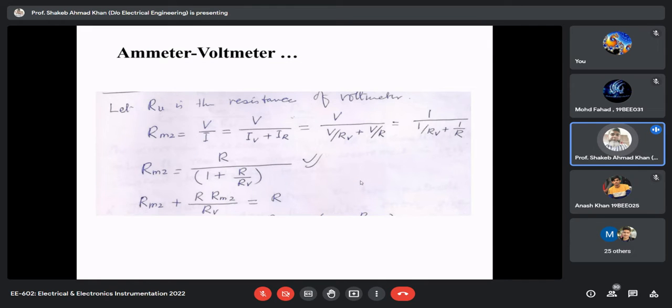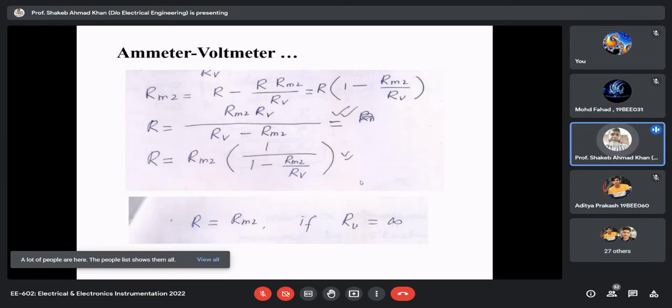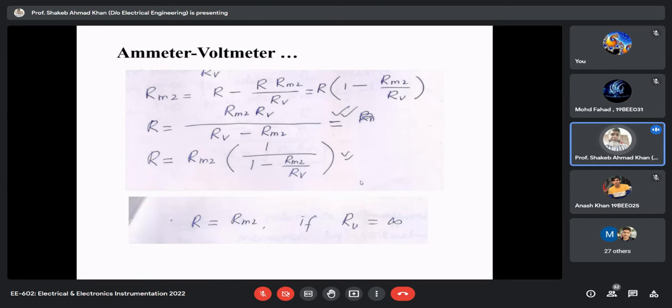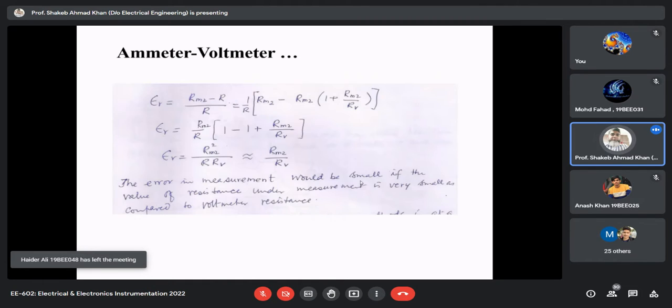Before that, one method will give you less error and the other will give you more. Above that, the other method will give you less error. At that point, the boundary line is the value of resistance where both methods give the same result, the same error.